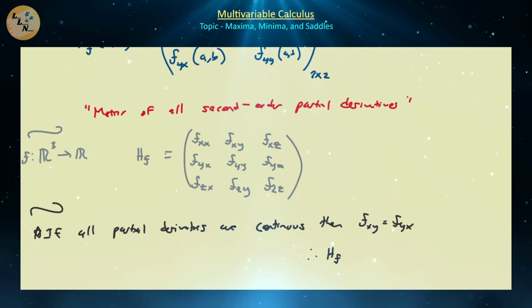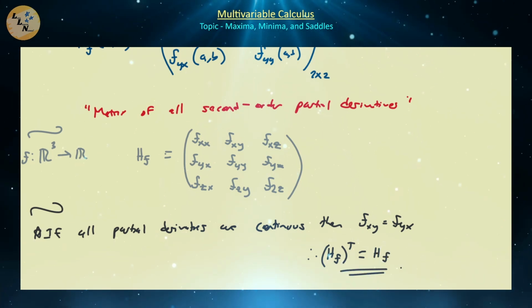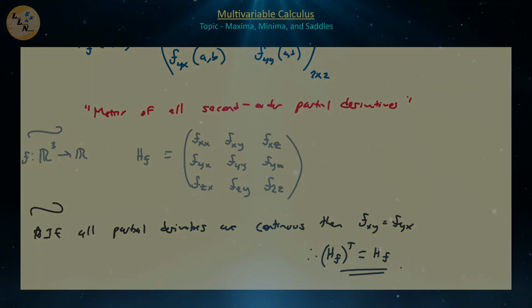That means the Hessian matrix is going to be a symmetric matrix, right? Which is represented by the transpose of that matrix being equal to the original matrix.